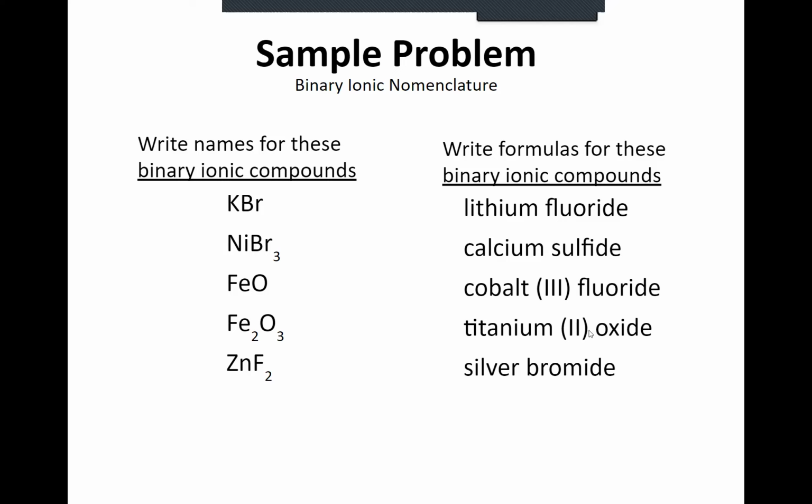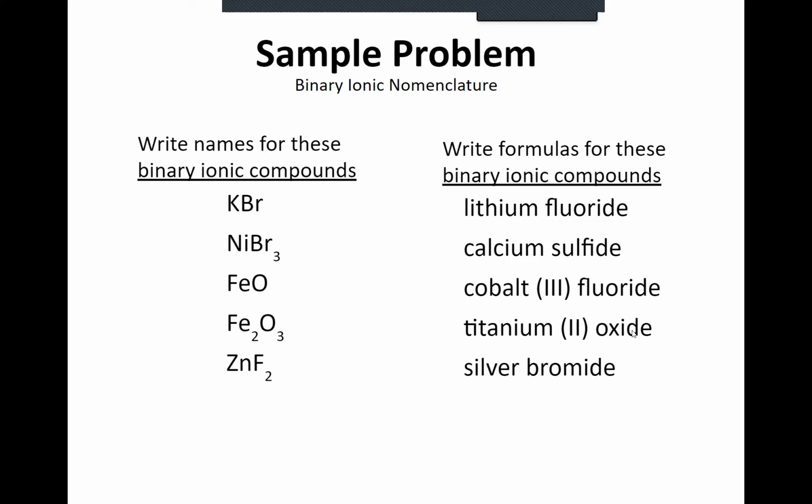Titanium 2 oxide. Titanium, that's a fun one. Notice it's a transition metal, and therefore they had to give you a Roman numeral 2. That means the size of the charge on the titanium ion is a 2+. And oxide, well, that's oxygen with the "ide" ending added.